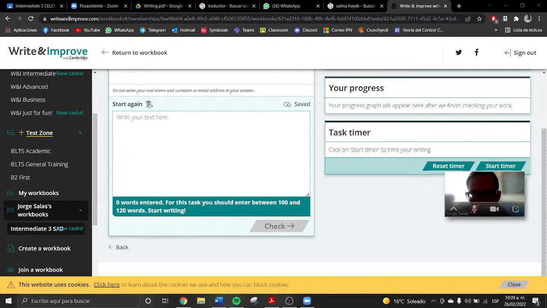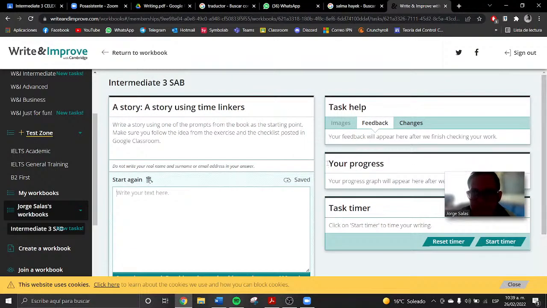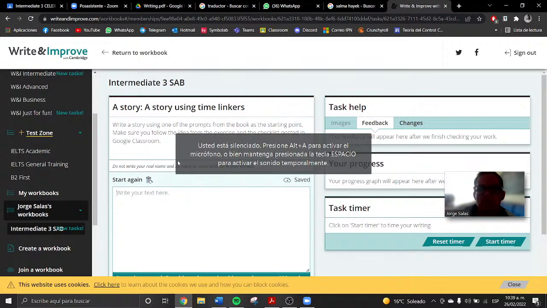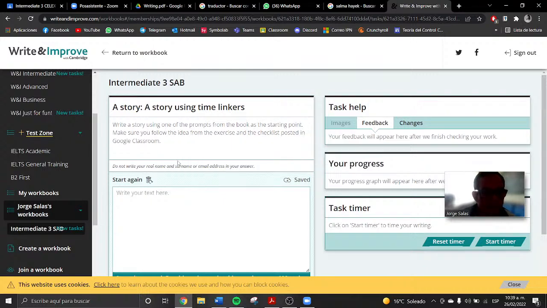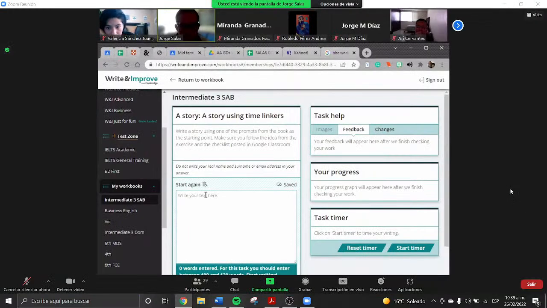The beautiful thing about this part is as soon as you start writing, let me share my screen. As soon as you start writing, it's going to give you an idea. It's going to give you your level. If I open it, write your text.